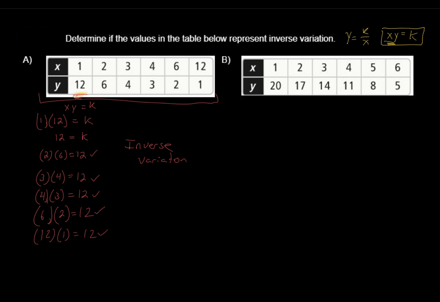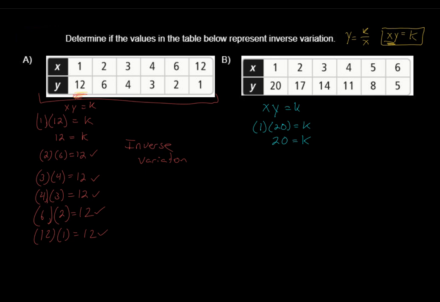On the table on the right here, if I tried to do the same thing, taking my x and y value, so xy equals k using this formula, plug in x, which is 1, y, which is 20. That should give me k. So 1 times 20 is 20, which means the constant of variation, if this is indeed inverse variation, should be 20.